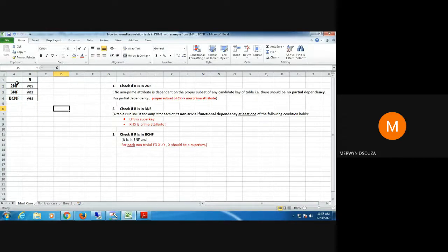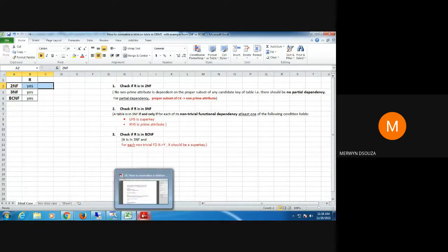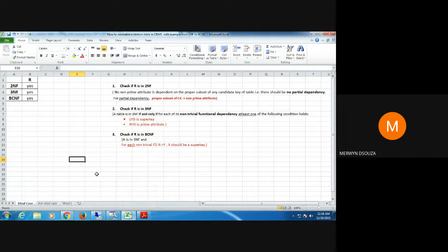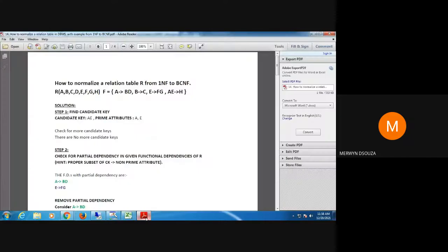But what to do in case this is not the ideal condition? That is what we are going to see in today's lecture: how to solve when the given R is violating one of these normal forms. Let's take one problem and then see how to solve it.